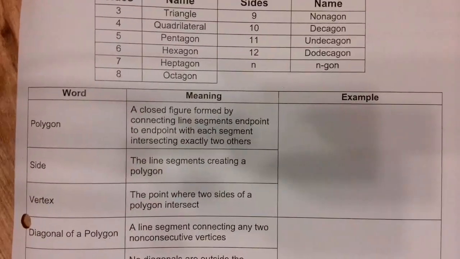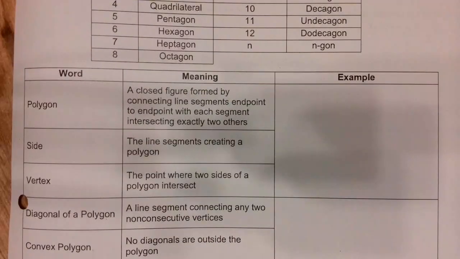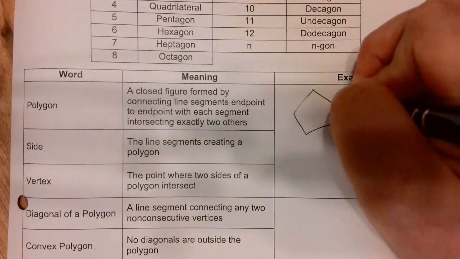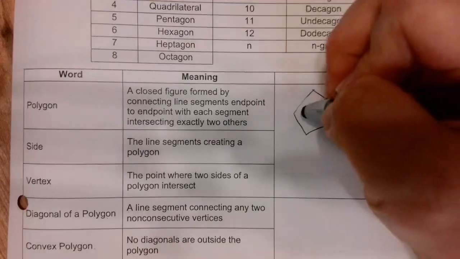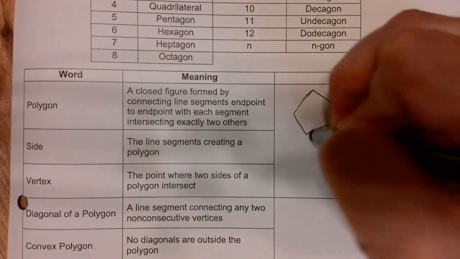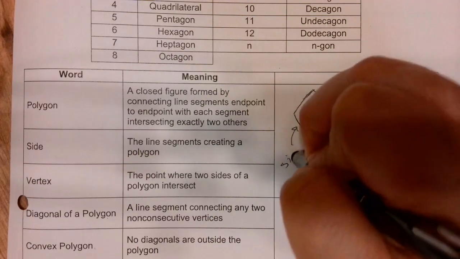So, some more vocab. A polygon is a figure with straight line segments on each side that don't overlap with one another. They just cross at the corners. So, an example, maybe something like this. This has 5 sides, so this would be called a pentagon. The flat parts here, those are called the sides.